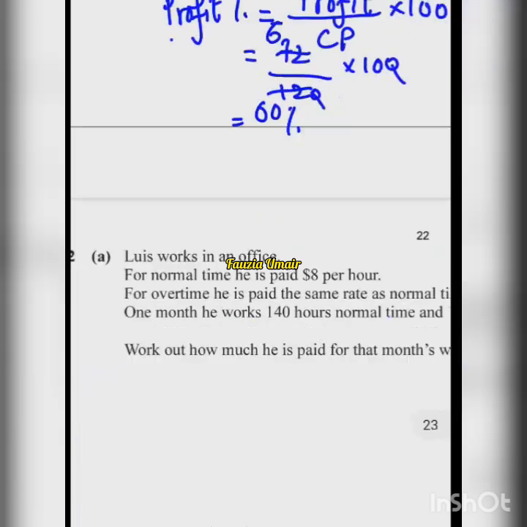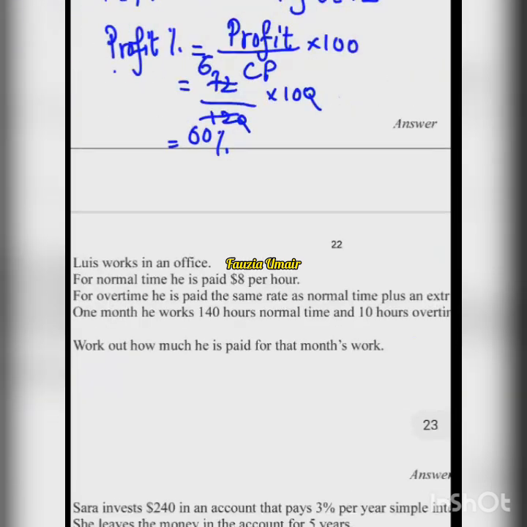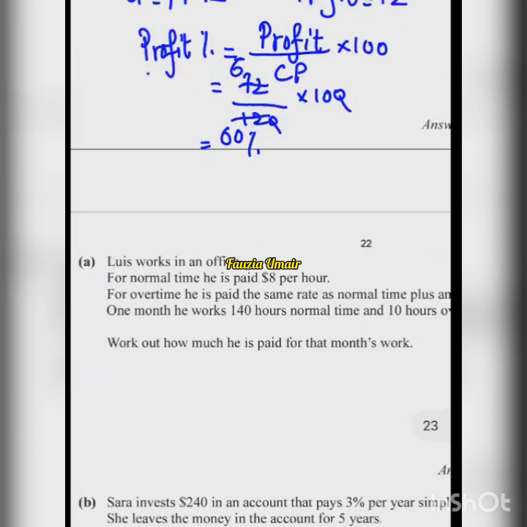So moving on to the next question. Next question is that Lewis works in an office for normal time. So we had done this type of question before also.